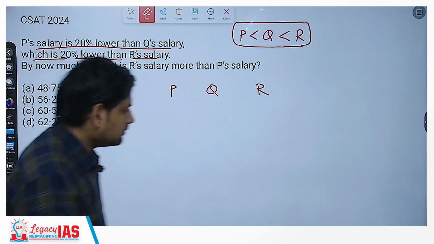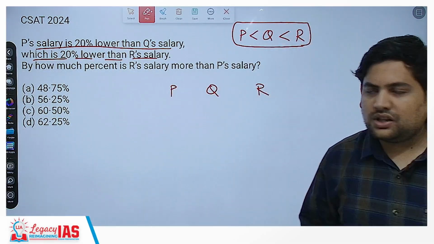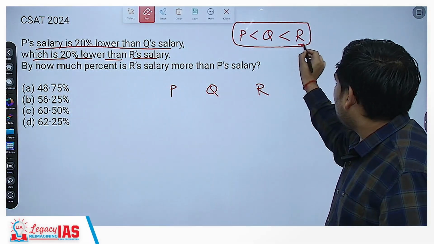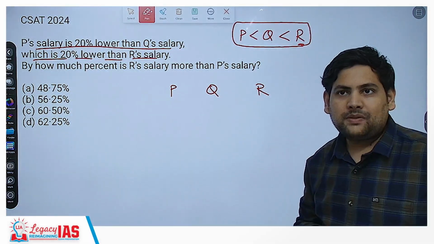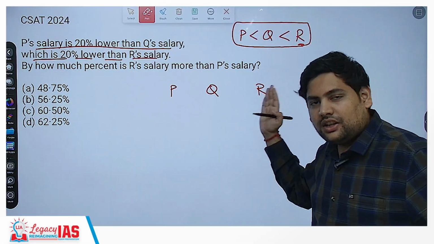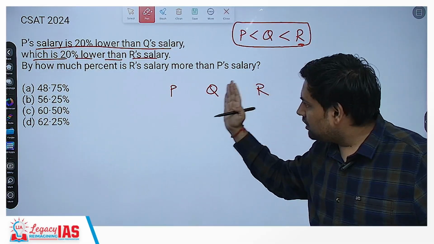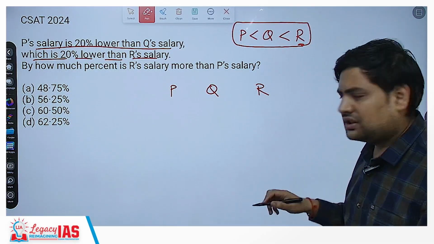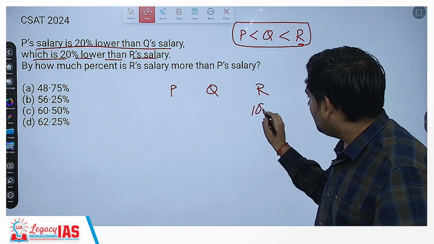Now the entire question is based on this R. Once you get R, you can get Q from it, and once you get Q, you can get P from it. So let us assume that R is equal to 100.